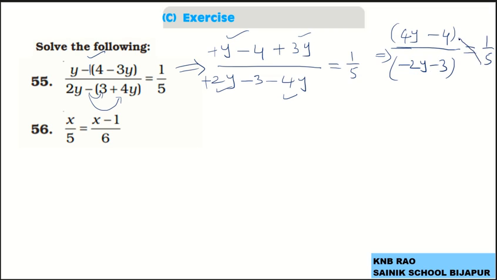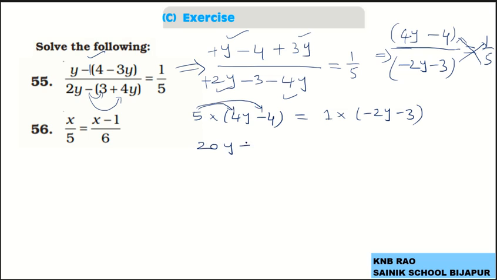Now, cross multiplication is to be done. So 5 into 4y minus 4 equals 1 into minus 2y minus 3. Now 5 multiplying over 4y minus 4 gives 5 fours are 20 times y minus 20, equals 1 into anything is the same, so minus 2y minus 3 comes as it is.